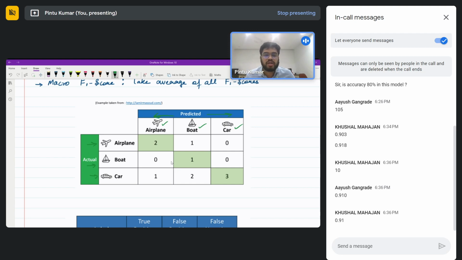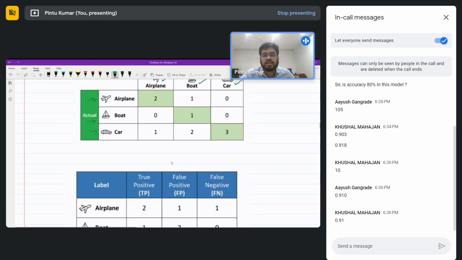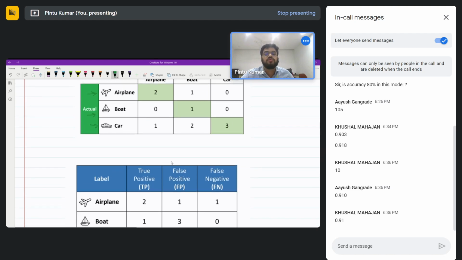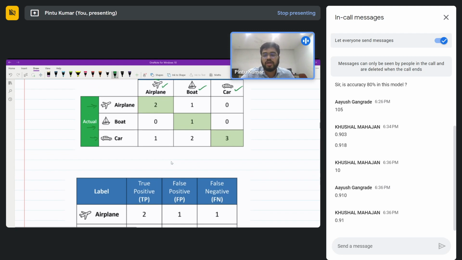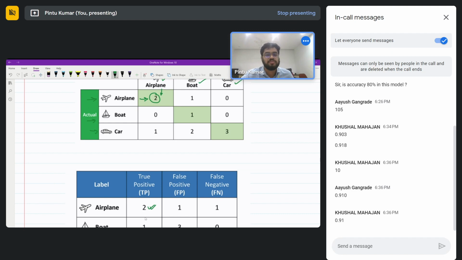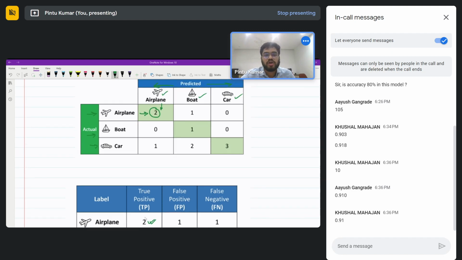If you want to write this as true positive, false positive and false negative: for aeroplane, you have 2 points that were actually aeroplane and were predicted to be aeroplane, right? So for aeroplane, your true positive value is 2. Now, for aeroplane, what is your false positive?